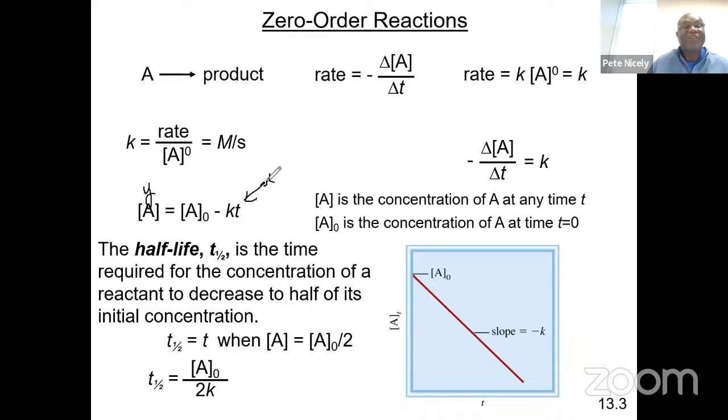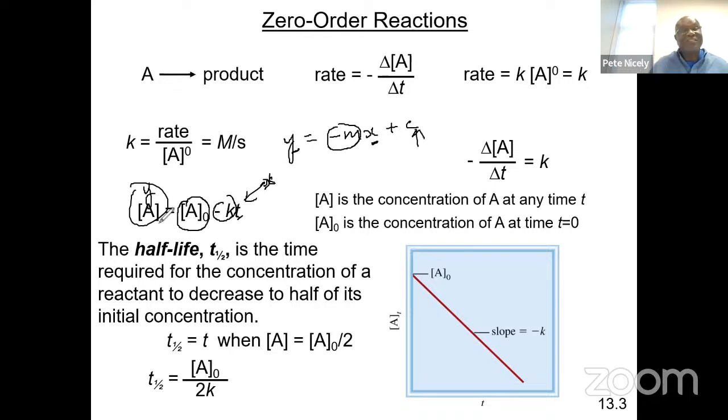Going back to your math background, you should recognize that this is in the form of Y equals minus MX plus C. Because A is the Y value and t is the X value, minus M would be the same thing as minus K. And the C here, which is the intercept on the y-axis, would be the same thing as the initial concentration of A.